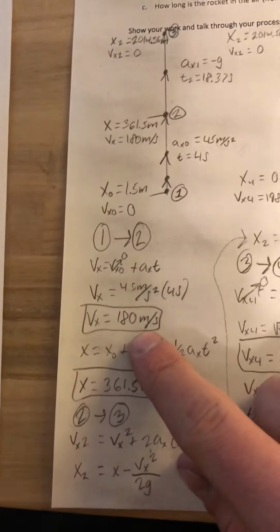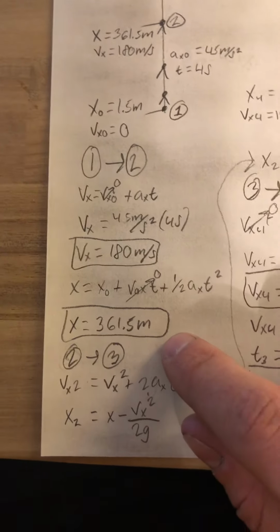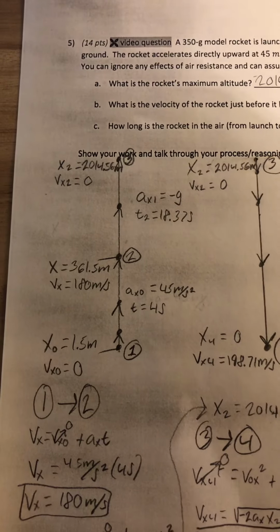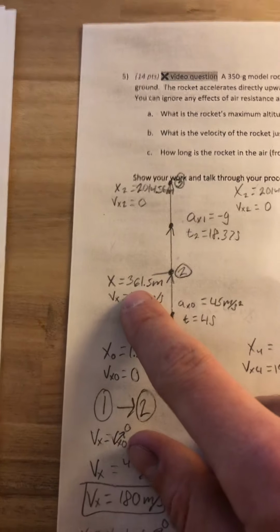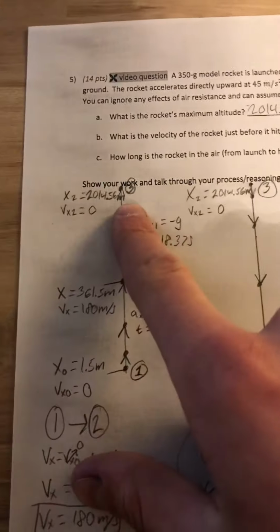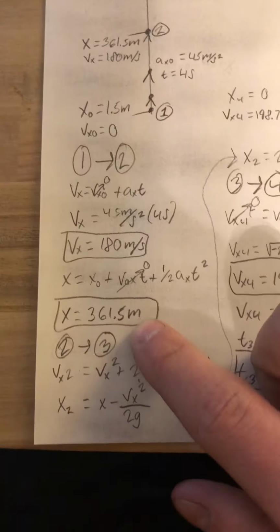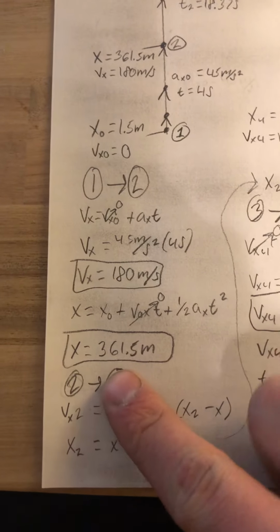Now that we have v of x, we can solve for x, because to be able to calculate the max height, we have to have x. This is the equation I used, then there's my answer.